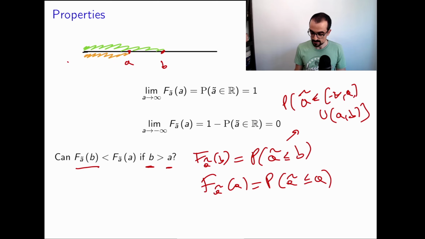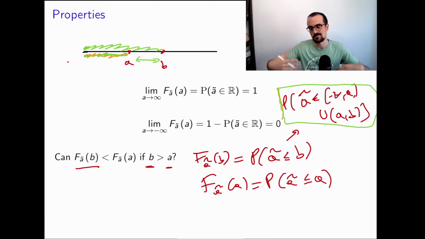And I can express the probability of being smaller than b as the probability of being smaller than a plus the probability of being between a and b. I feel that I made that explanation much more complicated than it needs to be, but that's the point.